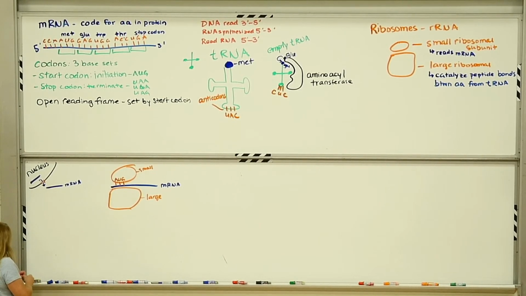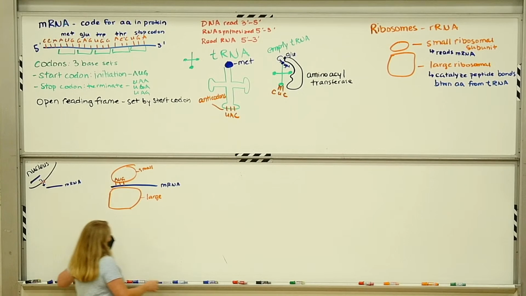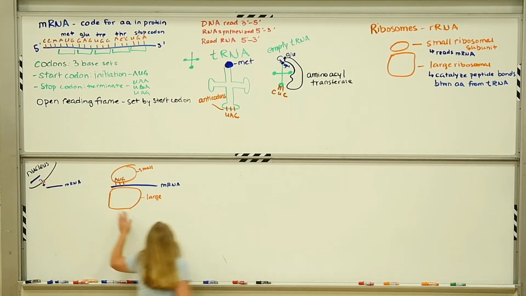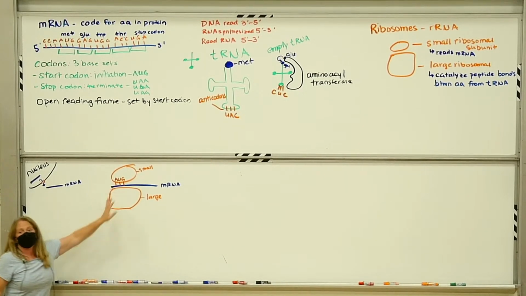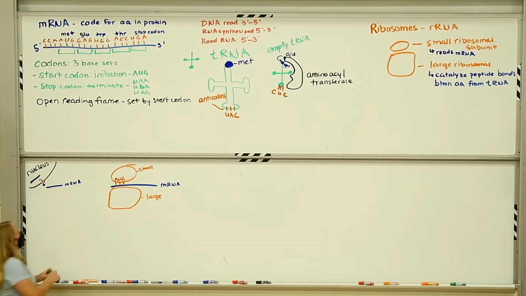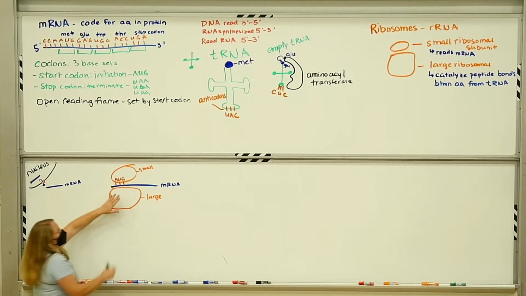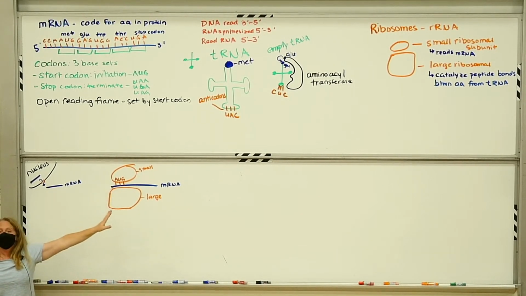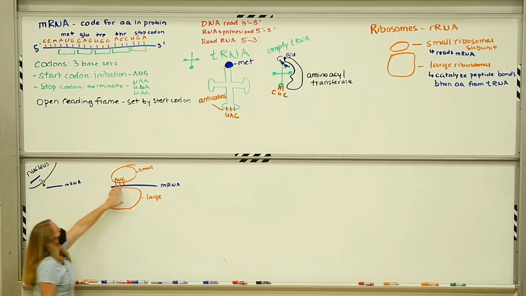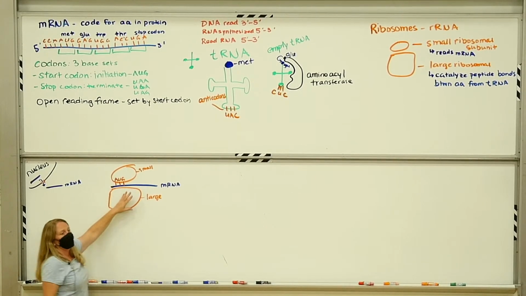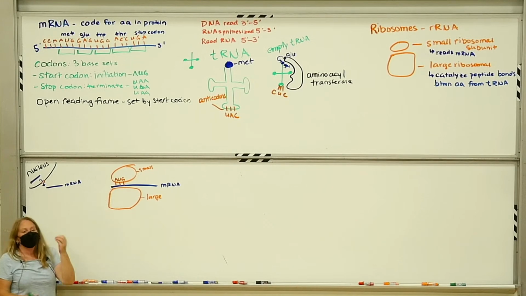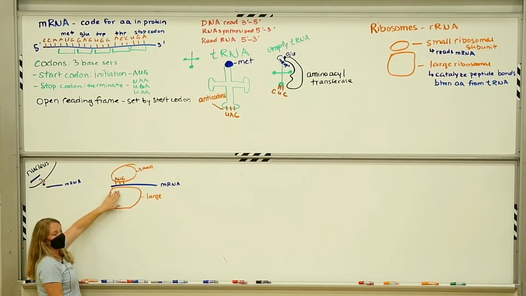Okay. Once that happens, now you can start bringing the tRNAs in to bind in this large ribosomal subunit. You'll have your tRNAs out here in the cytoplasm. They're going to be checking out this as the ribosome moves down and see if its anticodon can actually bind to the codon that's being read at the moment.